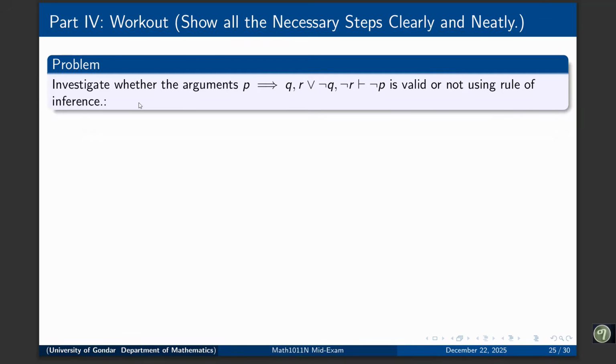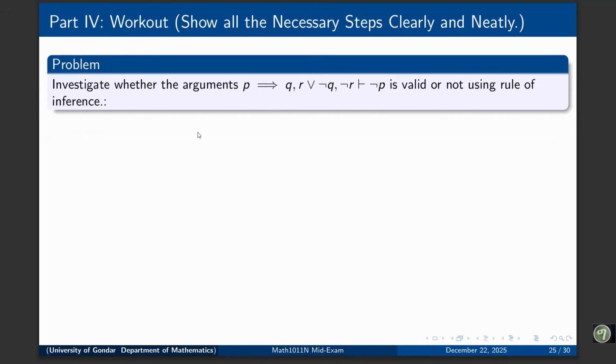Okay, the last part of this mid exam would be part 4, that's the workout part or simply workout items. The first problem could be about the validity of an argument. It says investigate whether the argument P implies Q, R or negation of Q, negation of R gives negation of P is valid or not using the rules of inference.